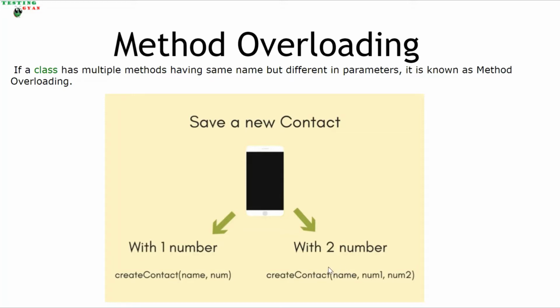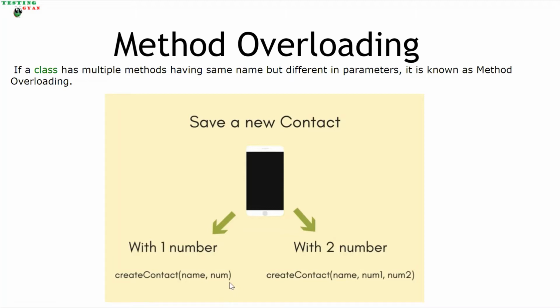While calling this method in our main method, based on the parameters we pass, it will decide which function is being called. If in the parameters I pass one name and two numbers, then the second createContact method will be called. Whereas if I pass one name and one number, then my first createContact method will be called.